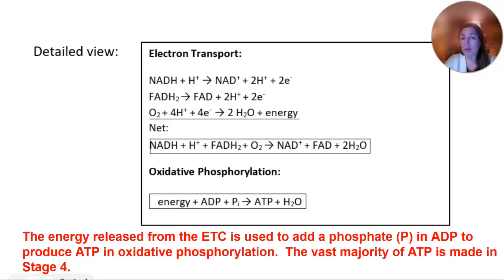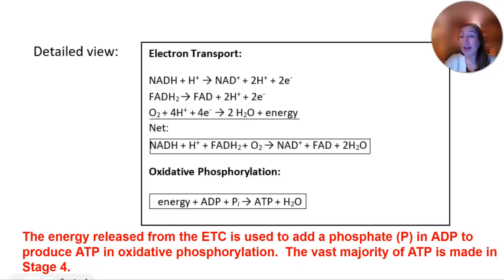In electron transport, the reduced forms of the coenzymes NADH and FADH2 are converted to NAD+ and FAD, and they give up 2 protons each, so 2 H+ each, and 2 electrons each.